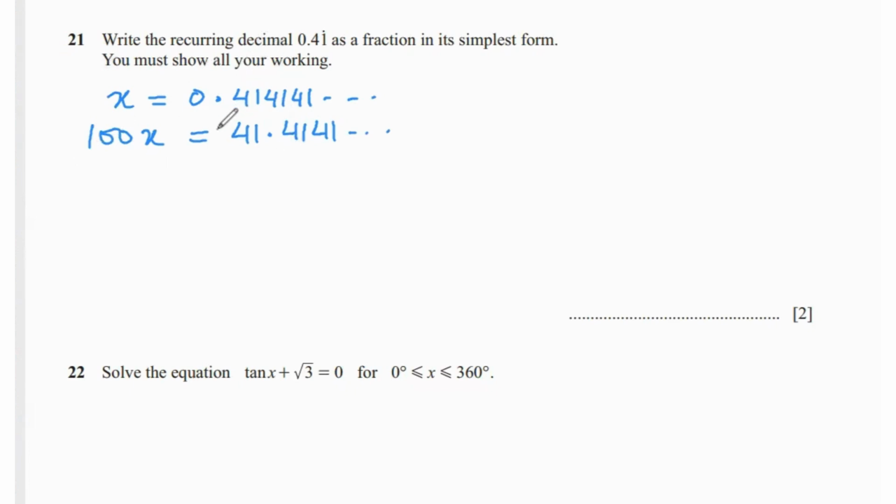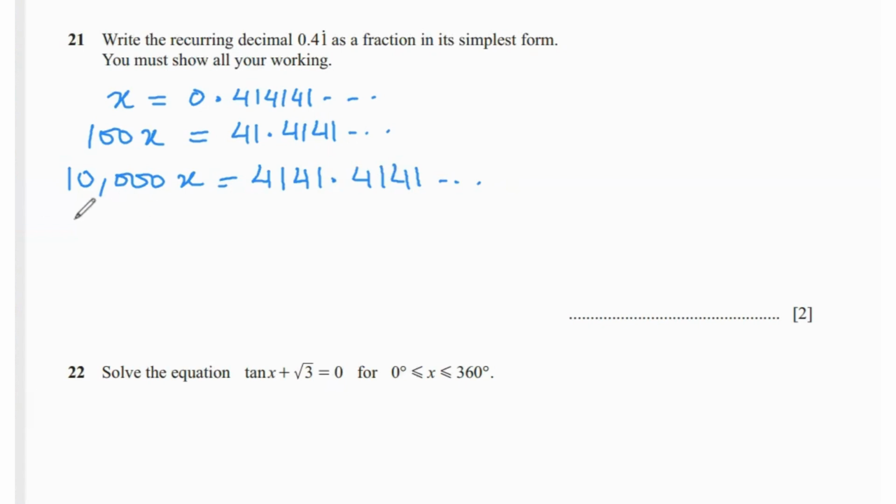So I'm going to multiply x by 10,000 now. It's going to be 4141.41 recurring again. As you can see, the numbers after the decimal are exactly equal.